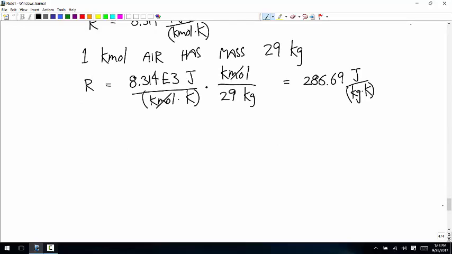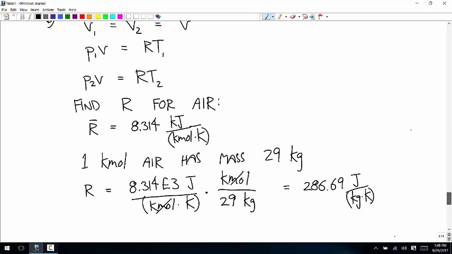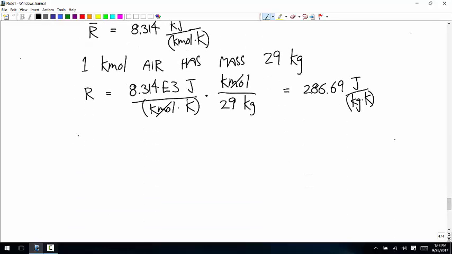And so now we can figure out what V is. So I'll use this one. P1 times V is equal to 286.69 times the temperature. I gave the temperature in Celsius, but for the ideal gas law, you have to do it in Kelvin or Rankine. So this is 293.15.